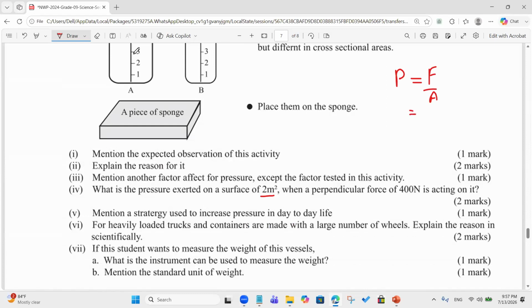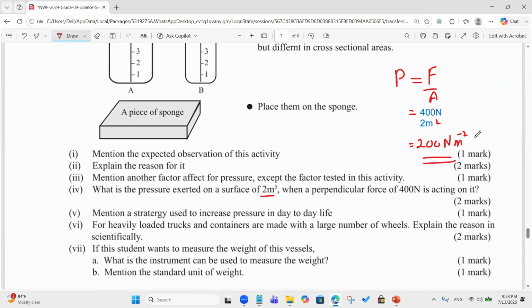So the pressure is 400 newtons divided by 2 m squared, right? So when you divide it, 400 divided by 2, it's 200, right? 200 newtons per square meter. The per mark should be there, right?